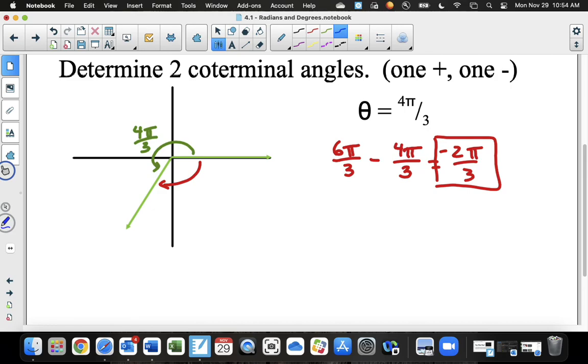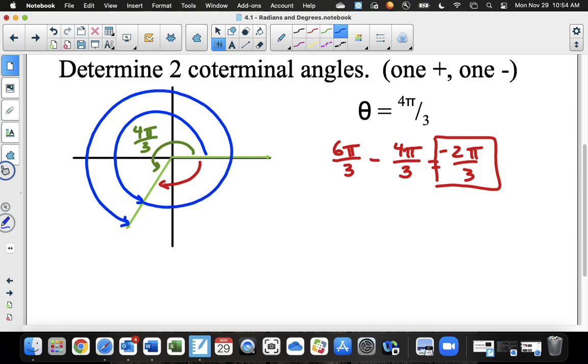Last one, like I said, what if we're going for a positive angle? We know that's 4 pi over 3, but now let's say I wanted to keep going. The only difference is you've gone the 4 pi over 3, and now you add the 2 pi at the end, the extra loop around. So you'd start with your 4 pi over 3.